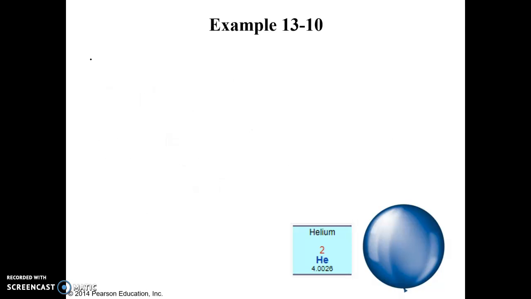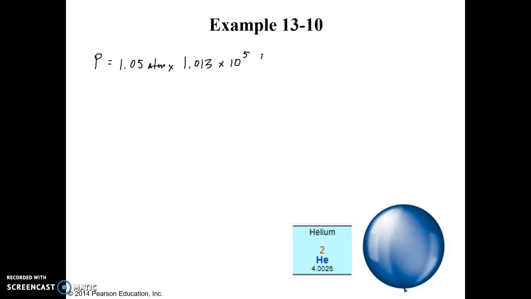So like I said, we need to convert or find that pressure. The pressure inside the balloon was 1.05 atmospheres. So we need to multiply that by our conversion factor of 1.013 times 10 to the fifth.